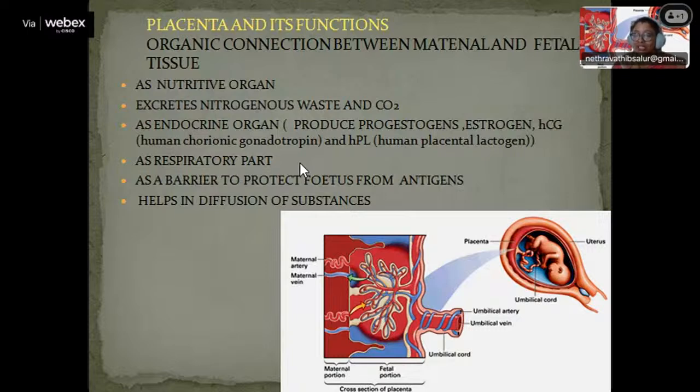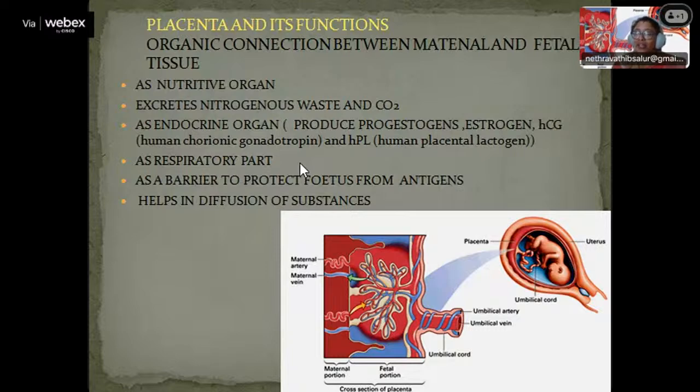But HIV and the viruses which cause sexually transmitted diseases can pass through the placenta, whereas other diseases like the common cold cannot enter through the placenta. Only the STDs, that is HIV, herpes, hepatitis. So there are some diseases which can cross this placenta and infect the fetus, but not other diseases.